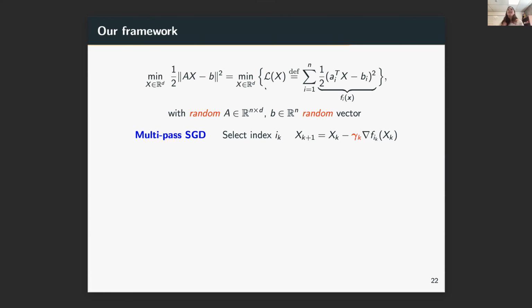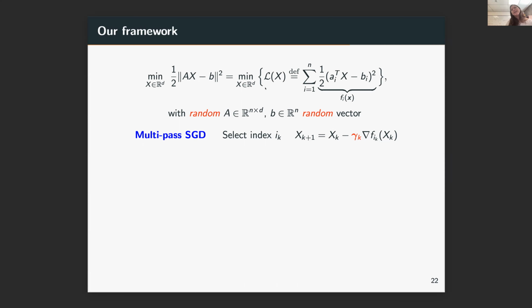This is maybe a little easier to see here. Let's just minimize the norm of Ax minus b squared, and here I can write it as a large finite sum. Just as before, we're thinking of A as being random and b as being a random vector.